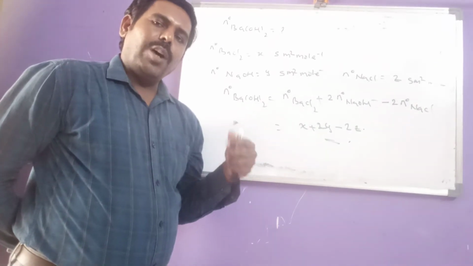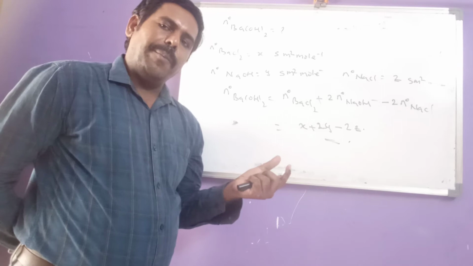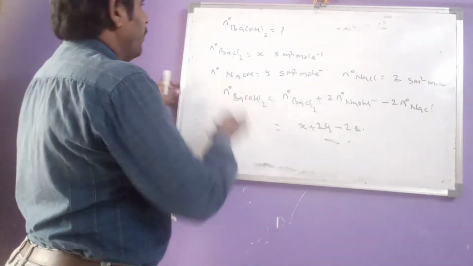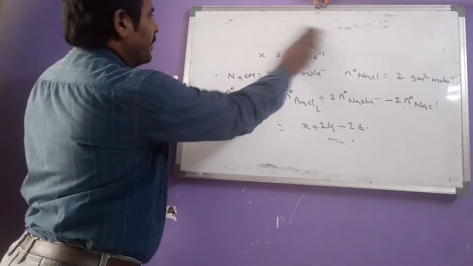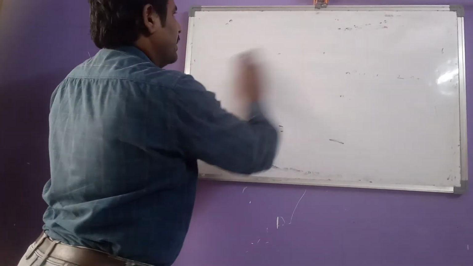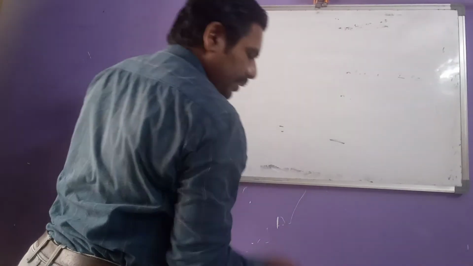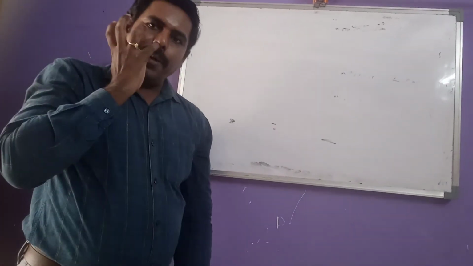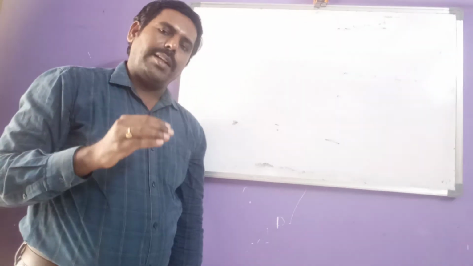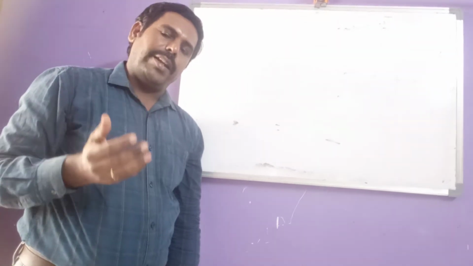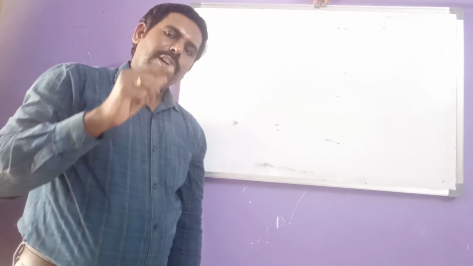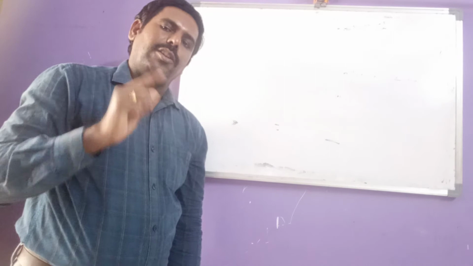And one more type of problems also we get from Kohlrausch law. So see what are the type of problems. For an individual electrolyte, how to calculate that Λ°m value and μ° value, means molar conductivity at infinite dilution, equivalent conductivity at infinite dilution for an individual electrolyte.